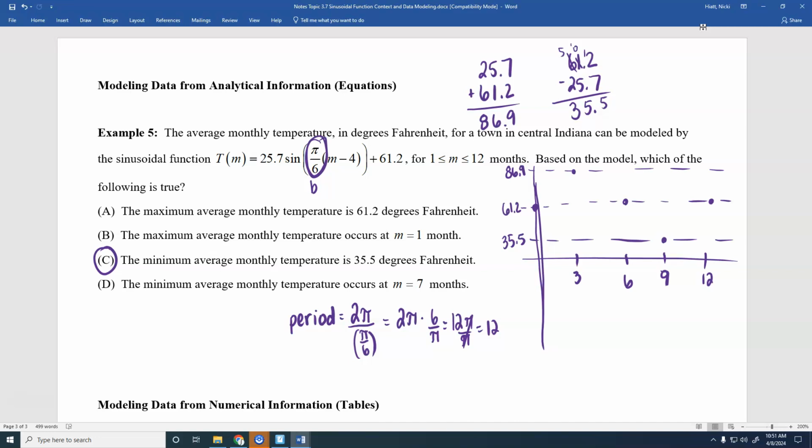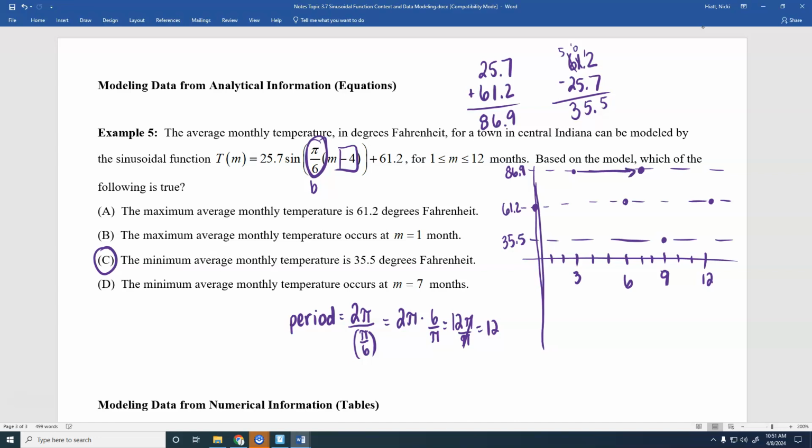How has it been shifted? To the right 4. So all of these points would be moved to the right 4. Like this maximum right here that's at 3 would be moved over 4 points, and it would be at 7.